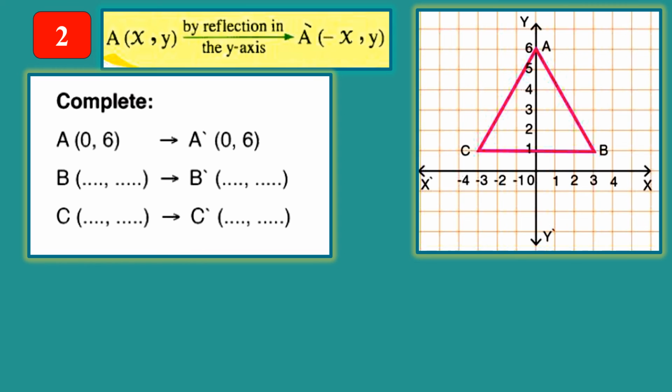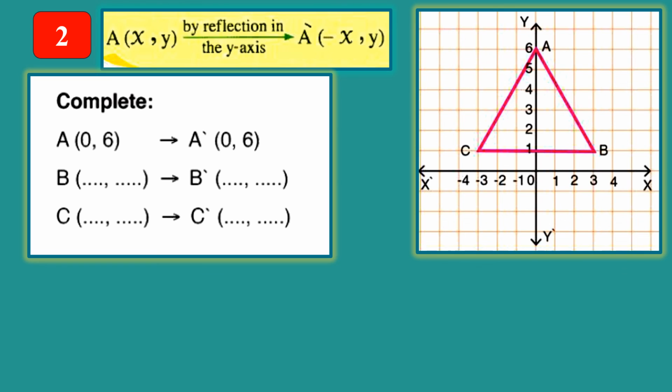Number 2, (x, y) by reflection in the y-axis, A dash becomes (-x, y). Complete. In the opposite figure, A equals (0, 6). By reflection in the y-axis, it becomes itself, (0, 6).